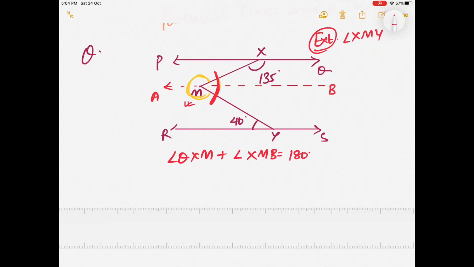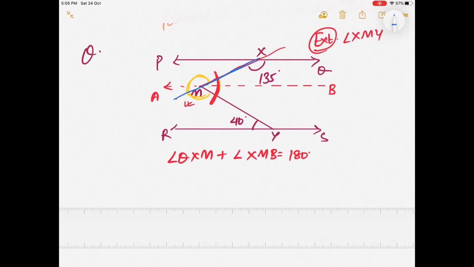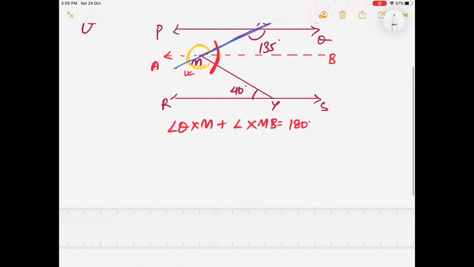So these are interior angles on the same side of the transversal XM. We are taking XM as a transversal here. In these two parallel lines PQ and AB, XM is acting as a transversal. So QXM plus XMB will be equal to 180 degrees.